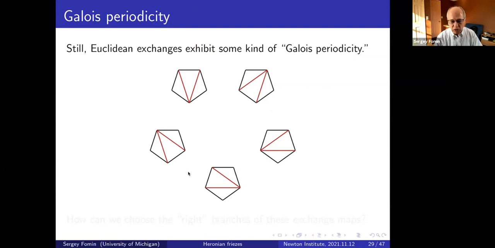So then, there will be 2 to the 5, 32 different ways to play this game, but one of them will terminate in exactly the same seed as we started with, right? So if somehow we can throw in some additional combinatorial data, somehow change our game to be a little more sophisticated so that it would account for this right choice of branches, then we will come back to the original values, right?